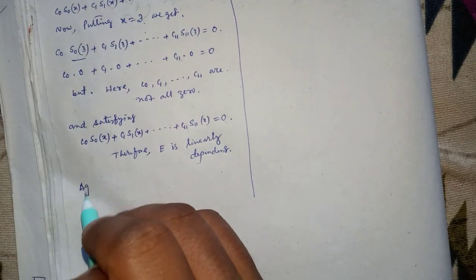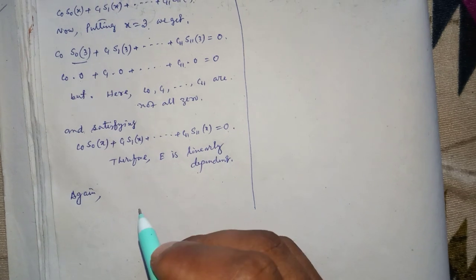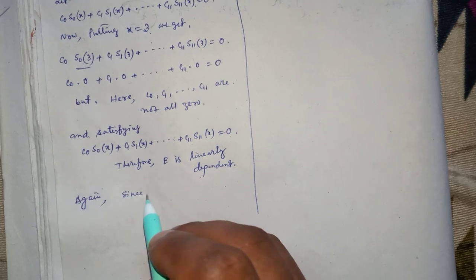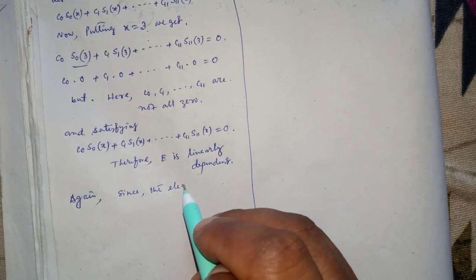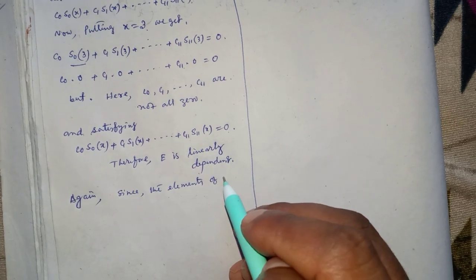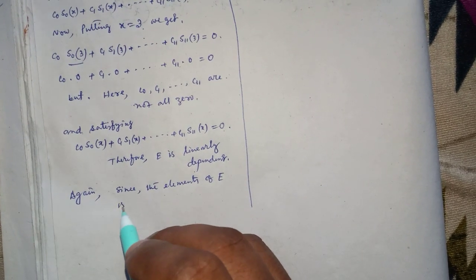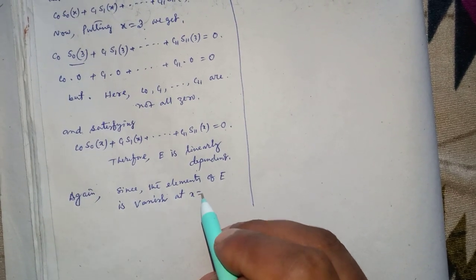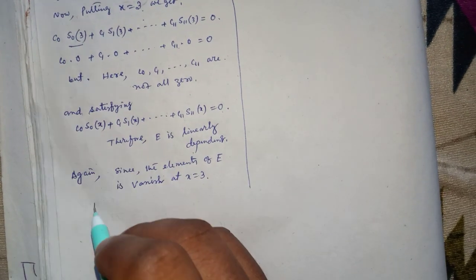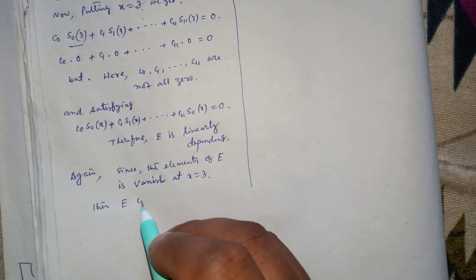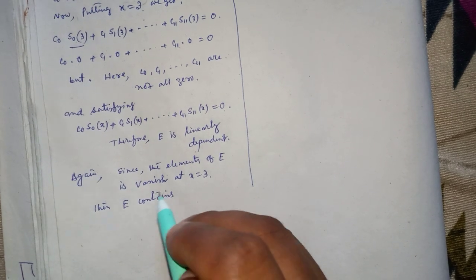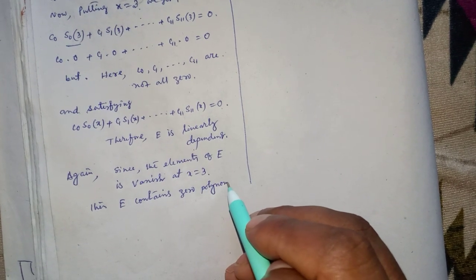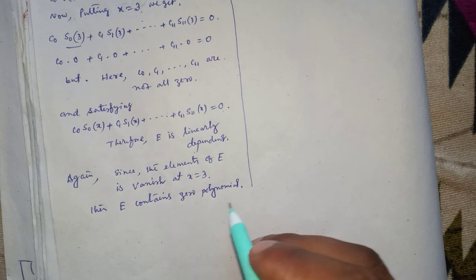Again, since the elements of the set E vanish at x equal to 3, E contains the zero polynomial.